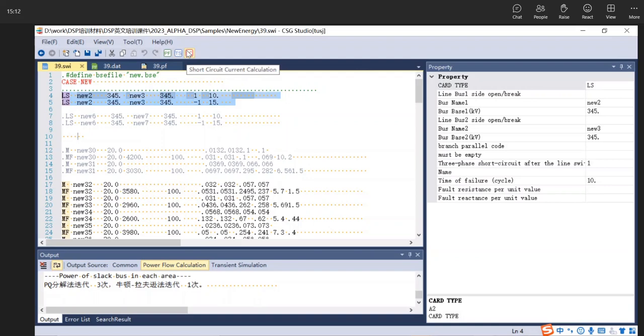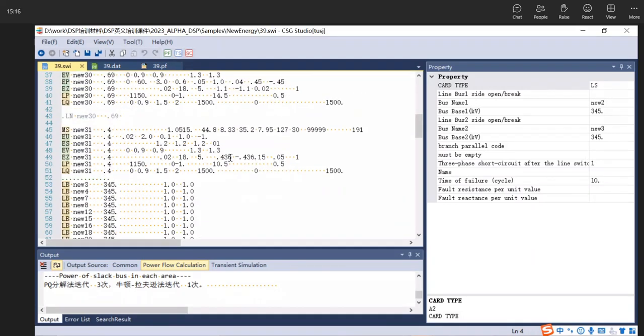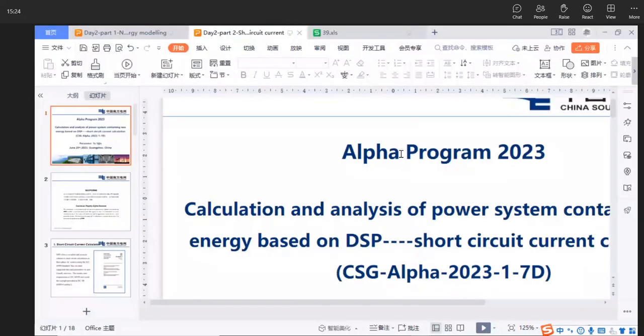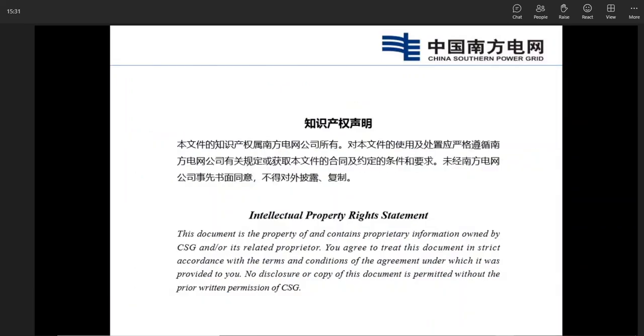It's quite useful. The last part I want to introduce is short circuit current calculation. It's another useful function we use in our particular work.